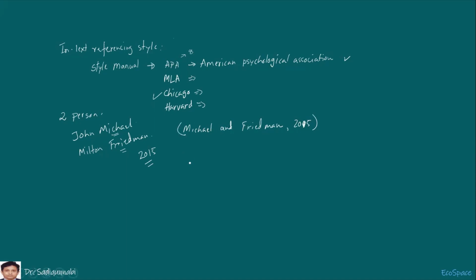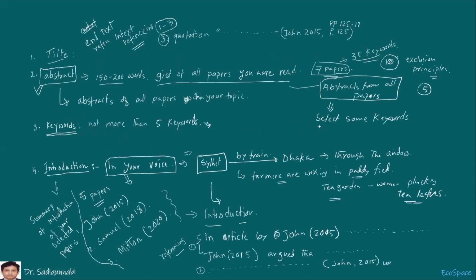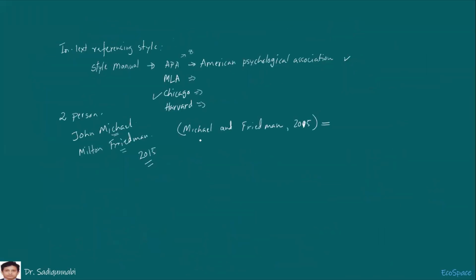This is style number 2. In the previous page, this is style number 2. So Michael and Friedman, comma 2015 for style 2. Okay. For style 1, you have to write down Michael and Friedman, bracket, 2015.